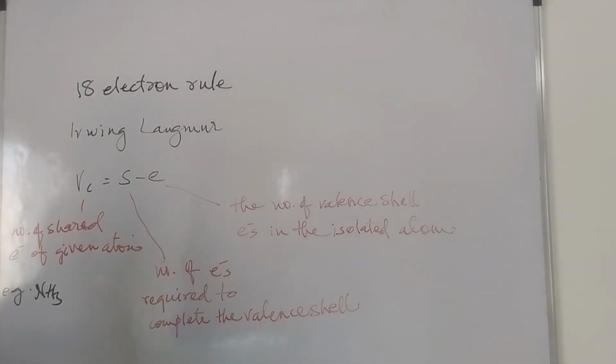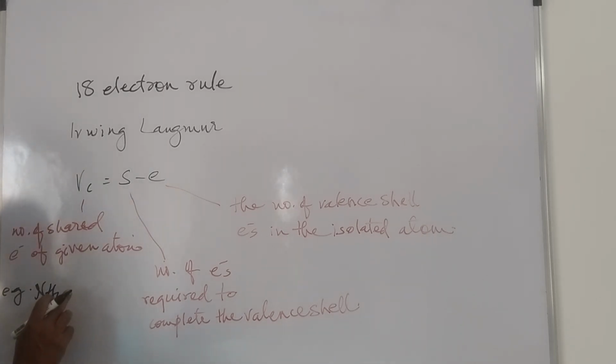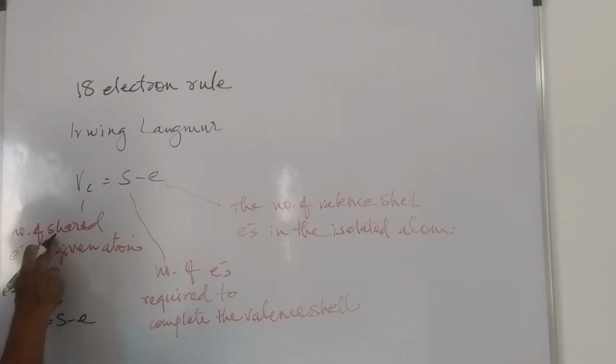Then Vc is equal to S minus E. Nitrogen has shared 3 electrons from its valence shell to produce 3 covalent bonds with 3 hydrogens. So Vc is equal to 3.